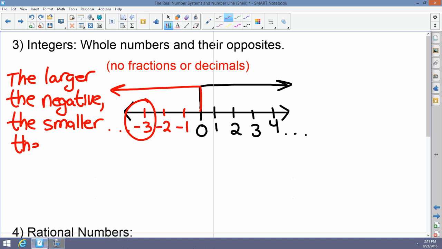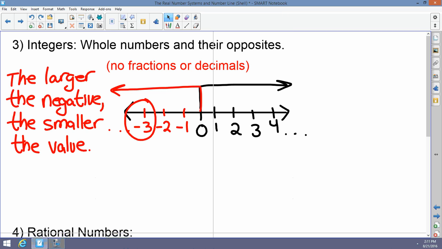Think about it as debt. Would you rather owe someone $1 or $100? Yeah, I think we would all agree that you would rather owe them $1, right? So the larger the negative, the smaller the value.